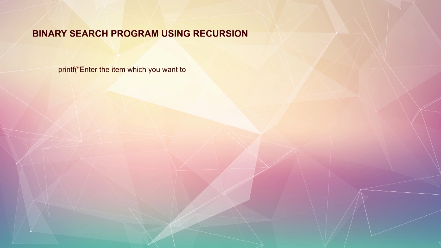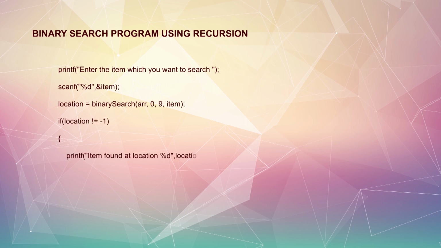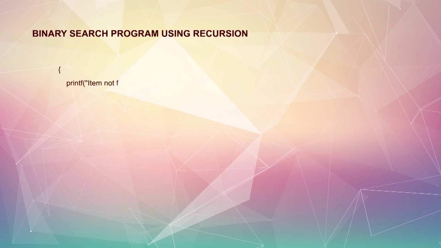If the item is not found, the location will not change. If the item is found, the location will be changed. By the printf statement, enter the item which you want to search, then scanf, and find the location of that particular item. If location equals binary search from array 0 to 9 for the item is successful, then print item found at location, else print item not found.